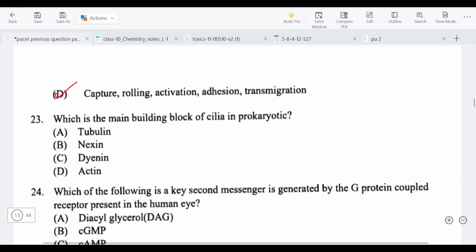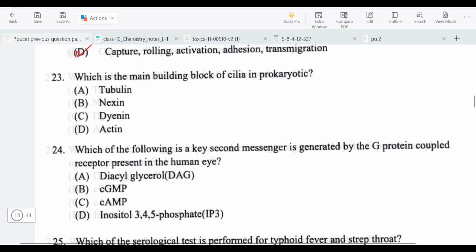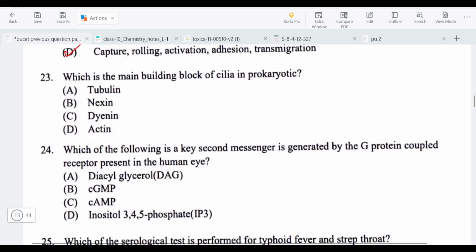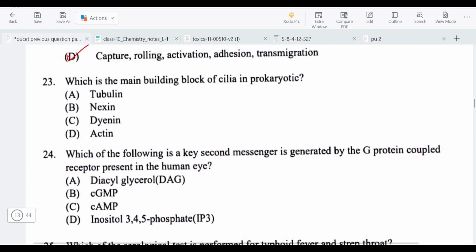Next question, which is the main building block of cilia in prokaryotes? The answer is actin.